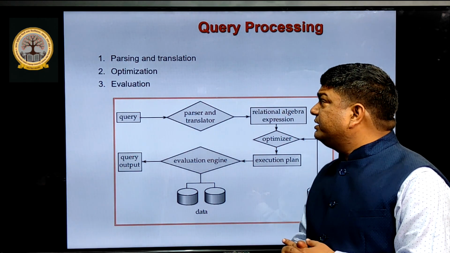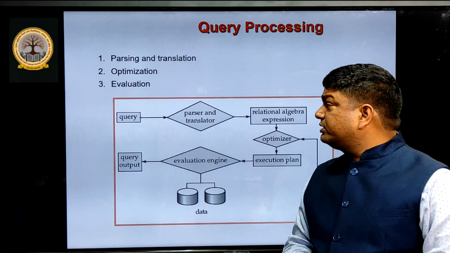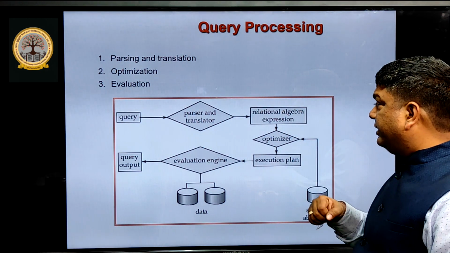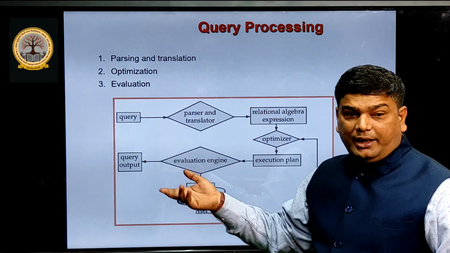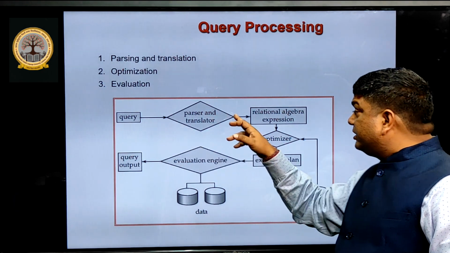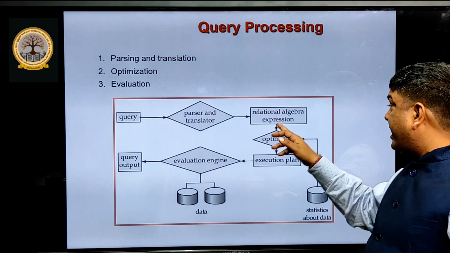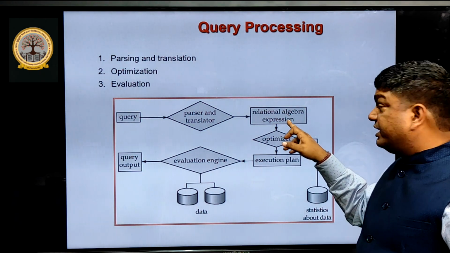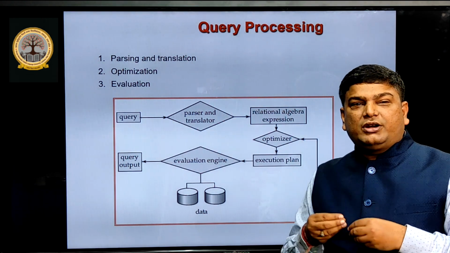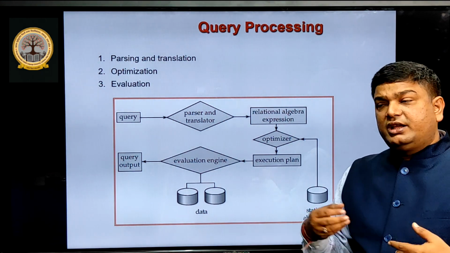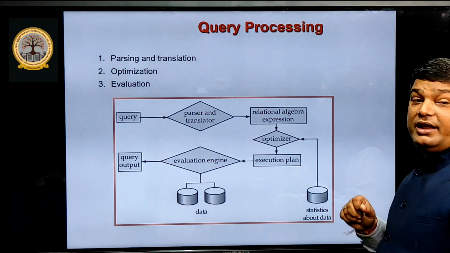Next is query processing. Query processing means parsing and translation, optimization and evaluation. Suppose you write a query: select asterisk from table name. Then the parser and translator convert it into another form, relational algebra expressions, which use addition, multiplication, division and other operations.